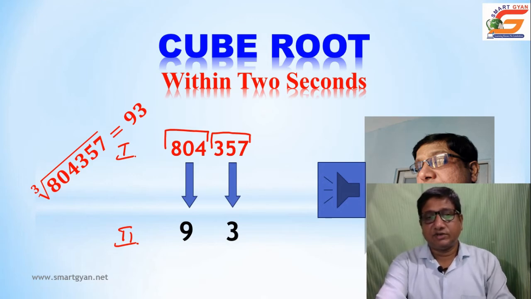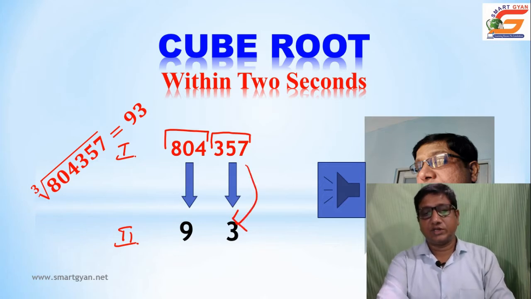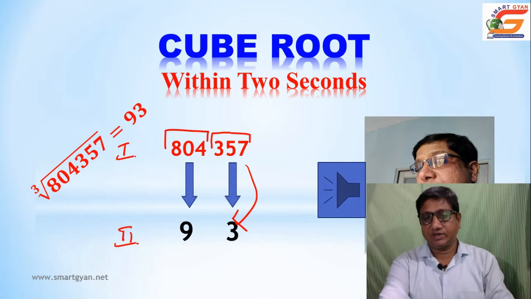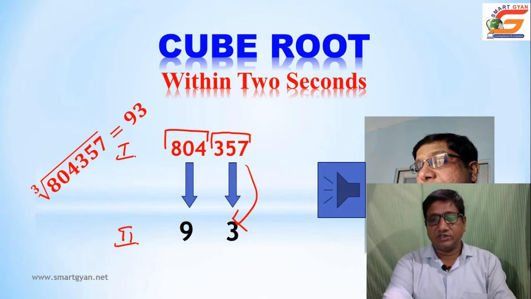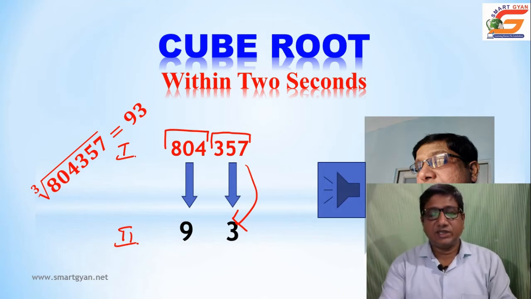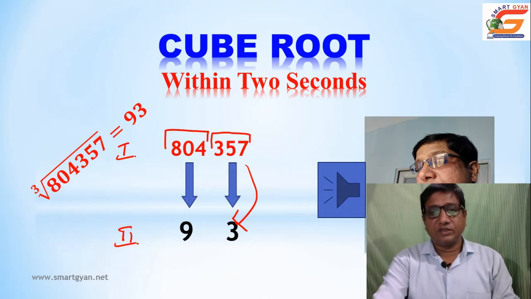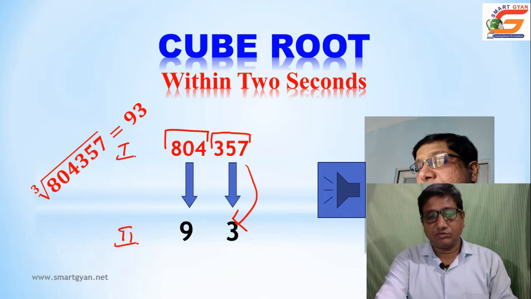For the right part 357, 3 is the root digit, as 3 is the complementary digit of 7 and 7 is also complementary to 3. We will learn what a complementary digit is in a couple of minutes. Next is 804, whose cube root digit is 9.